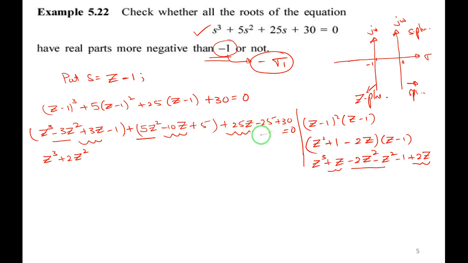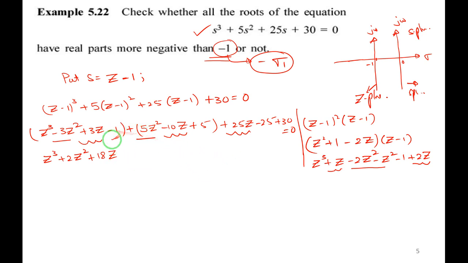So let me add all these things. 25z minus 10z, 15z, right? 25 minus 10 is 15. 15 plus 3, 18z. I hope it is correct, right? If I am making any mistake, please correct me, because you will be more attentive. You can see that, right?